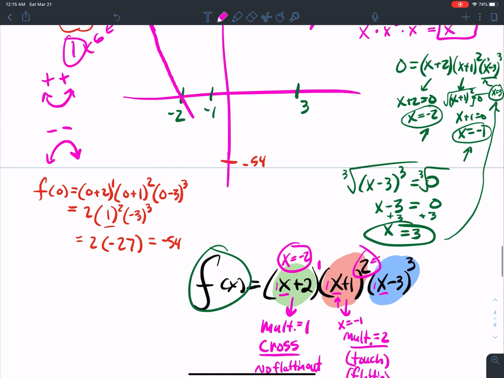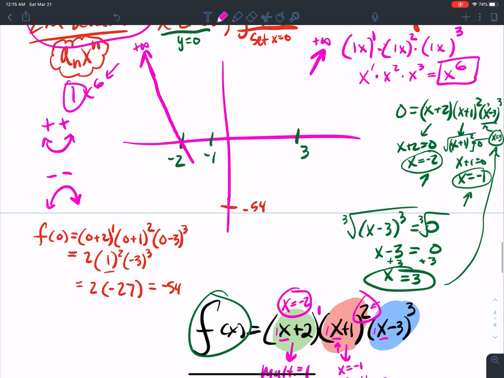I'm going to come in here, flatten out, and when I get close to here, touch the graph, and then go back down, and go through this point here. Remember, I don't care where the hump is. That's calculus that tells me where the hump is. You just cross through that intercept there, okay?